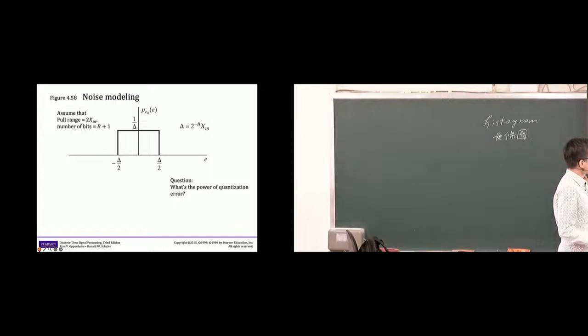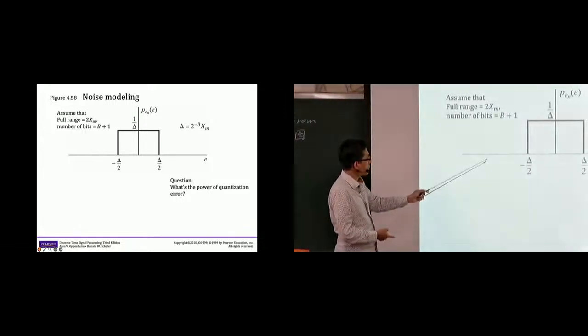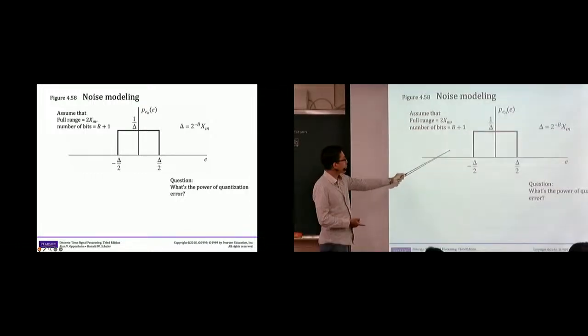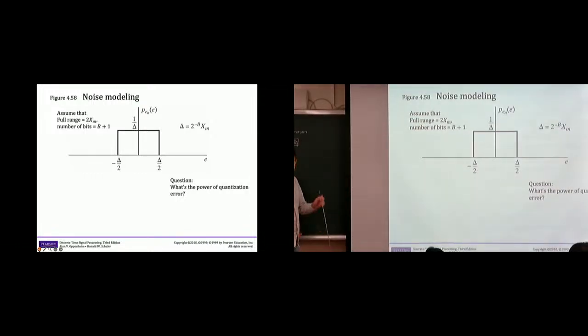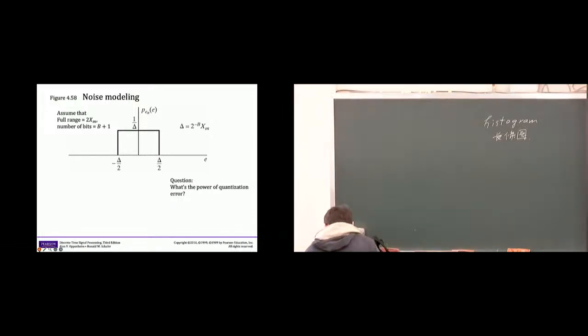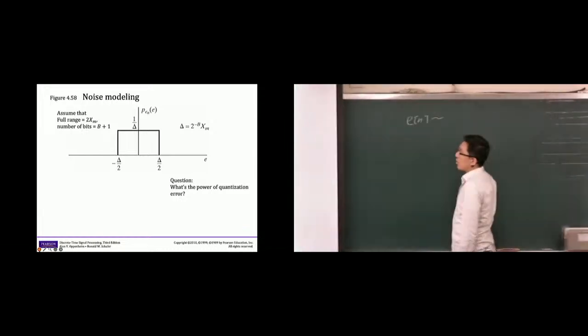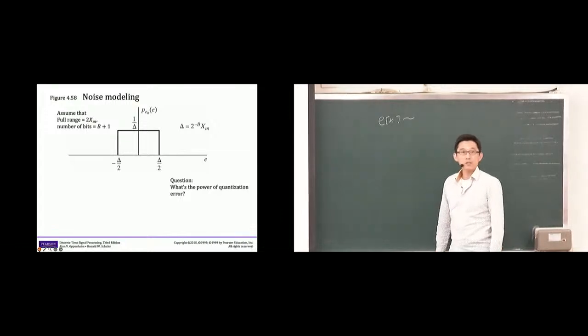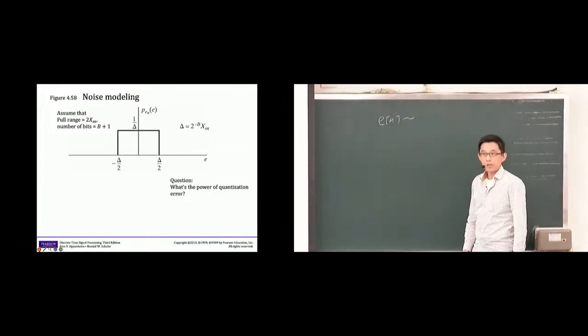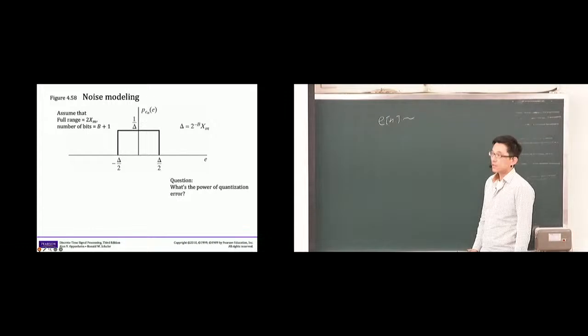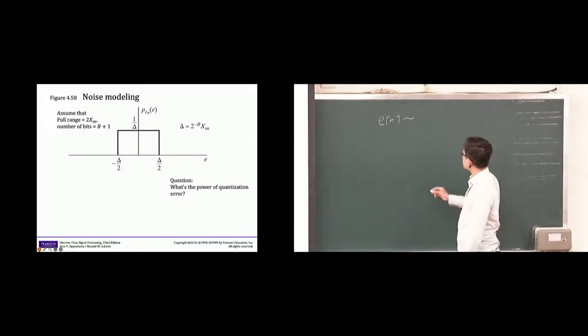Suppose we think of our approximation error as a random variable, for each sample, e[n], which obeys a certain probability density function, a PDF.